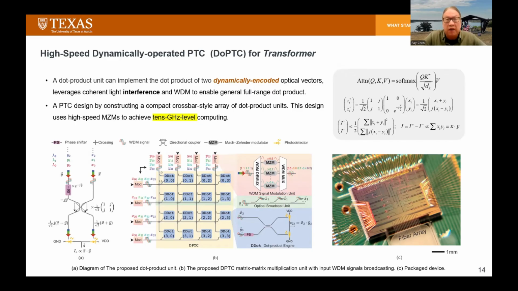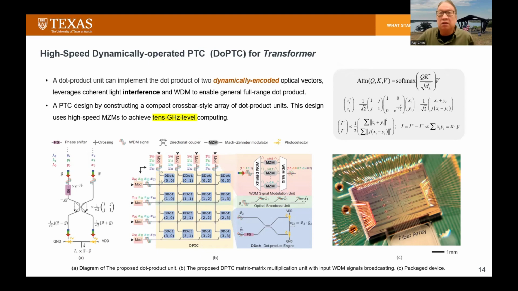minimum hardware overhead. So in our scheme, the two input vectors Vx and Vy are encoded into distinct wavelengths, and we apply a 90-degree phase shift to one of them, and the two WDM streams are then combined with a 50/50 directional coupler or MMI, where the orthogonal optical fields interfere to produce X plus/minus Y. Balanced photodetectors measure the two outputs and subtract them, canceling the quadratic terms, as we mentioned in the previous slide.